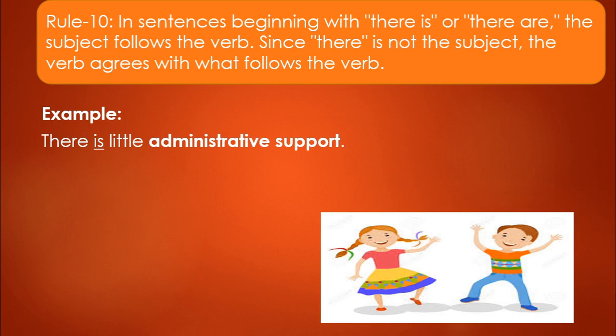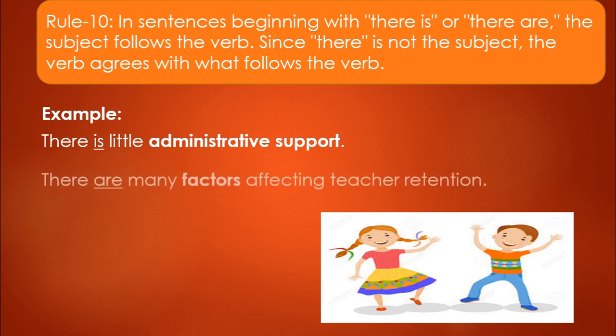So here we have used is with there, considering administrative support. So we have to choose the verb considering what follows. Here we have considered administrative support, and we have used is here.